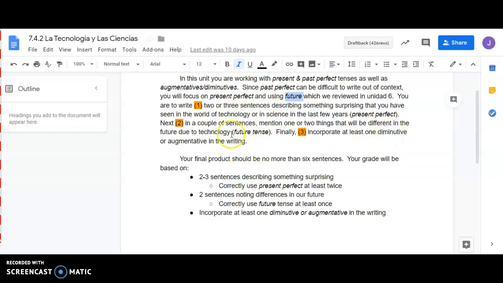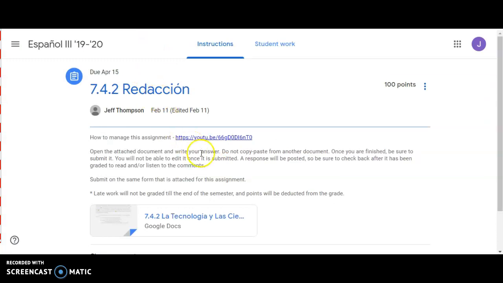Also, I want you to include a diminutive and augmentative. I have included in the instructions for this one that you must do your work on the document that I've provided. I said, open the attached document and write your answer. Do not copy paste from another document.